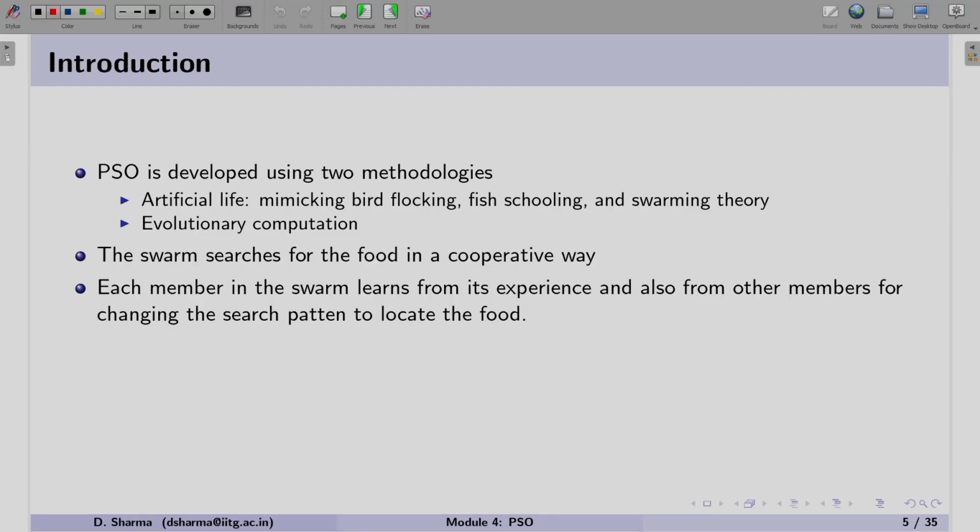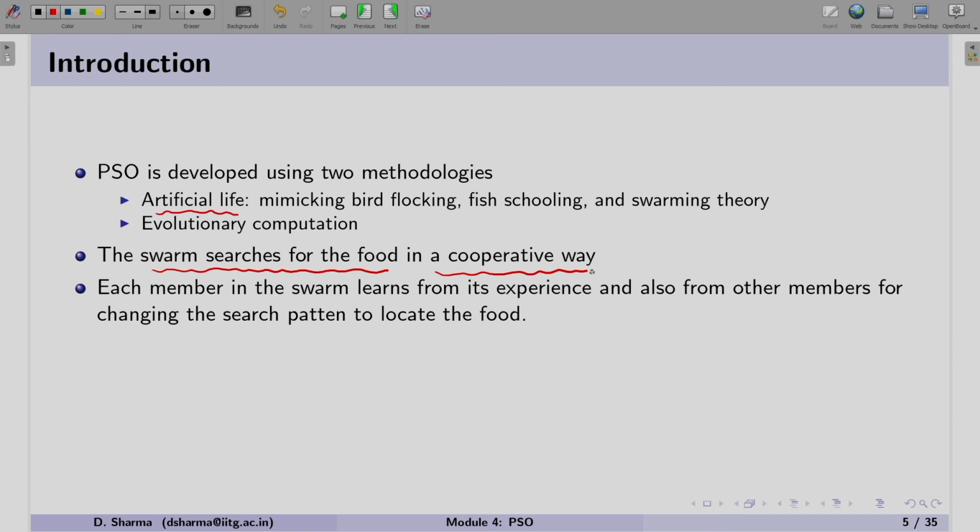Since PSO is developed using artificial life, in this artificial life the swarm searches for food in a cooperative way. In a swarm there are a lot of birds or fish, and they work in a cooperative manner.